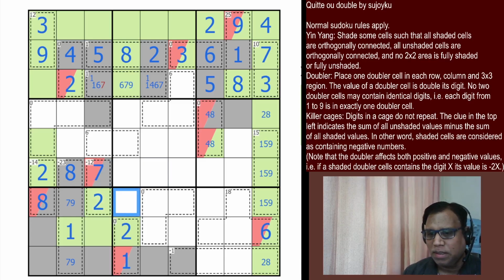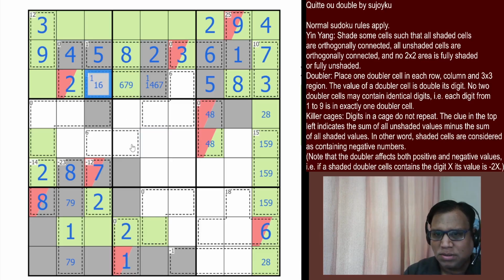Now this has to be dark to avoid the 2 by 2 pattern here. This should go out, so that means this has to be positive. To avoid the pattern again, this has to be dark. Okay, so that's not 7. Is that anything interesting? That's not 7.